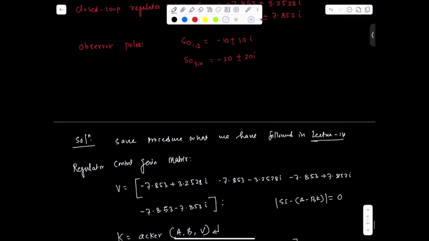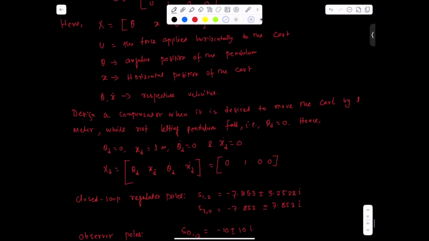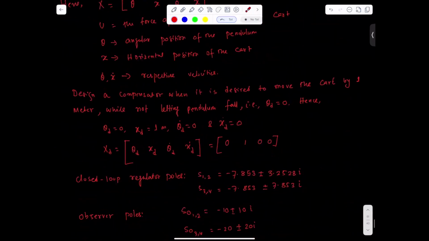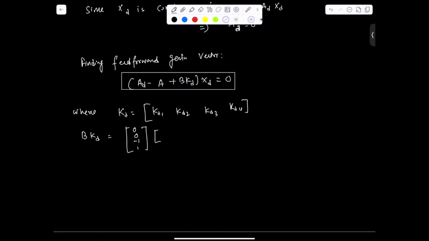This is the B vector, multiplied by KD, which is KD1, KD2, KD3, and KD4.